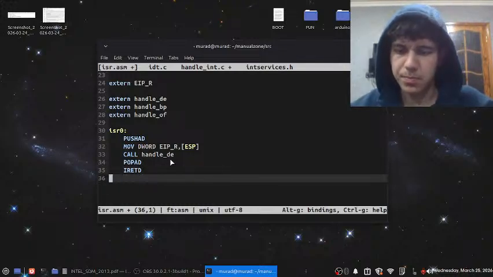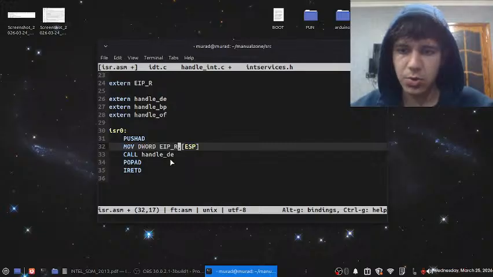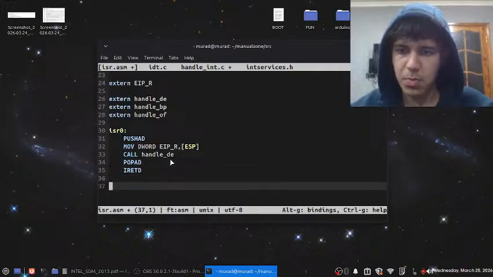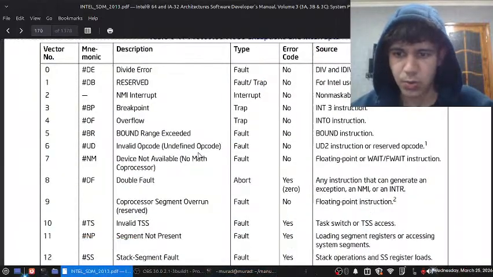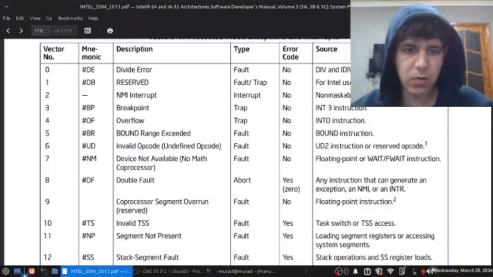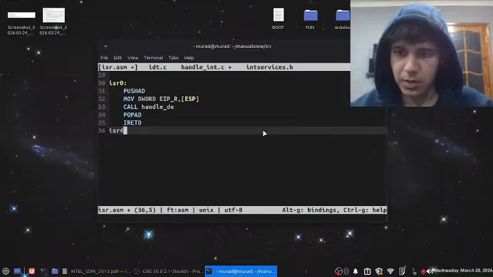Okay, it will load to my declared variable, which is the number of overflow, 4, ISR 4.